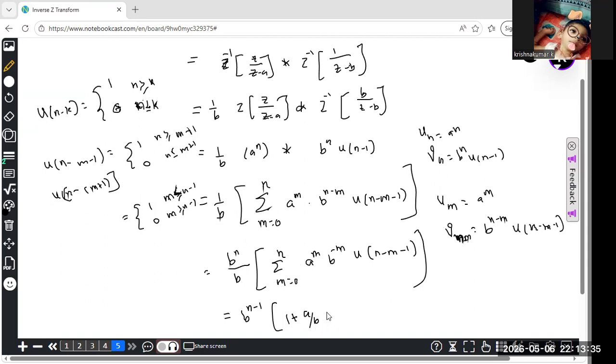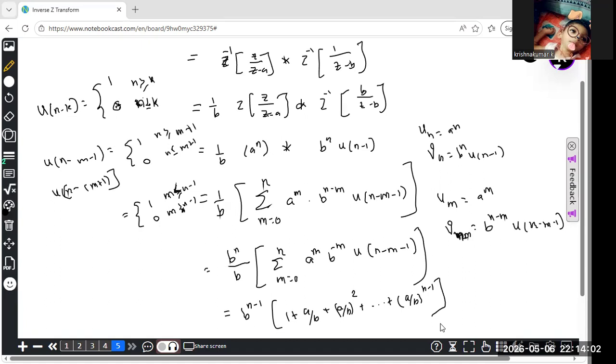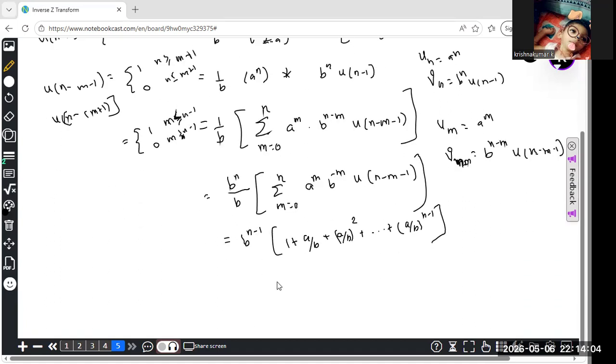Next m equal to 2, this will be a by b whole square, and so on. When m is equal to n minus 1, this will be a by b whole power n minus 1. When m is greater than n minus 1, this becomes 0, so those terms vanish. Now we have only this expression.